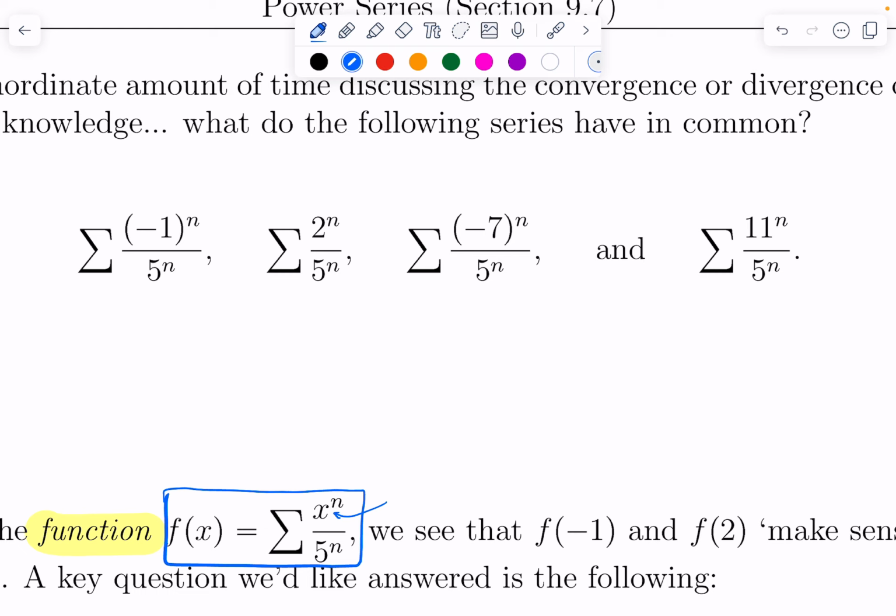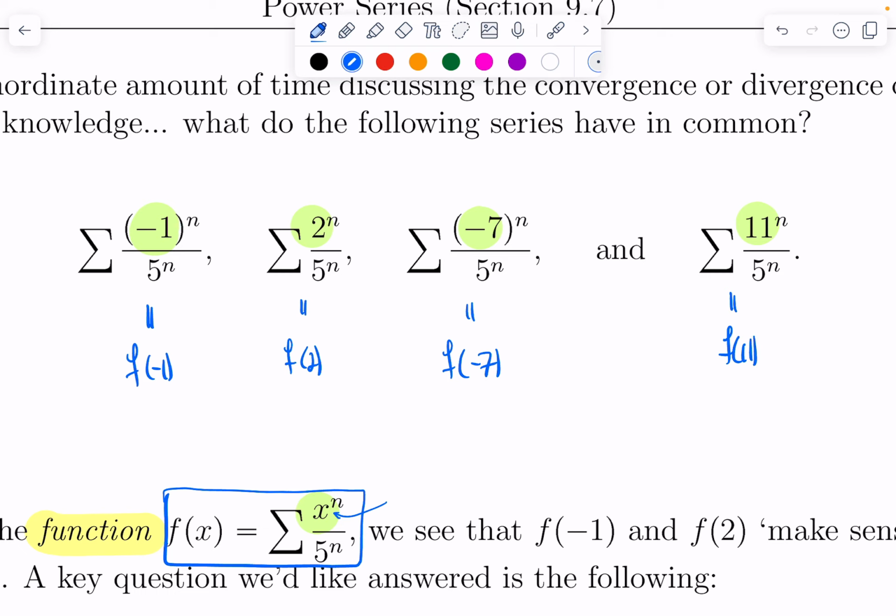So, for example, this series seems to be just f of -1, because that's exactly the entity that goes in the place of the x. Here we have a 2, a -7, and an 11. So here we have f of 2, here we have f of -7, and here we have f of 11.